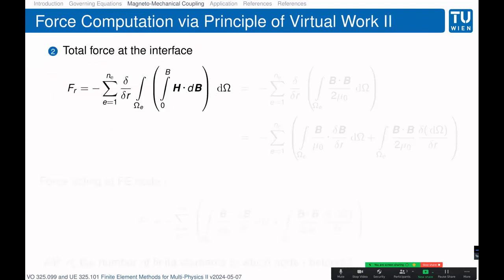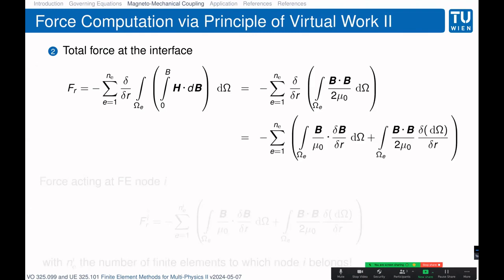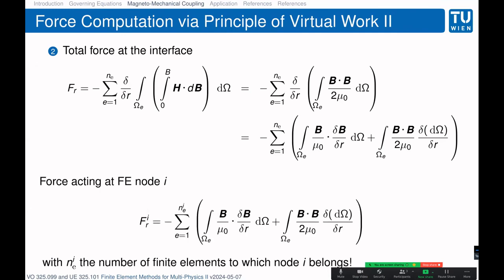And if you pull through the derivation, you see you can compute the total force at the interface, go through the derivations, and by this you can obtain nodal forces for each node, if you do this in the sense of the finite element discrete distribution.